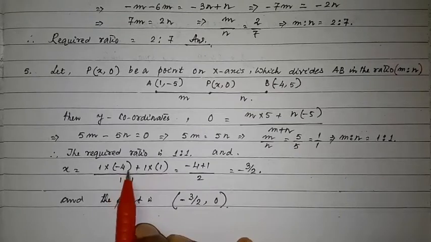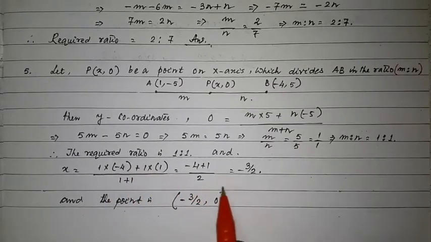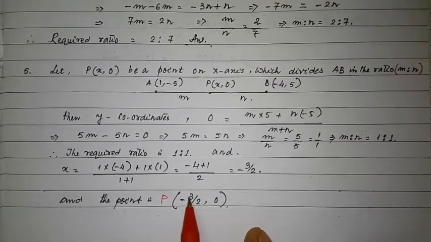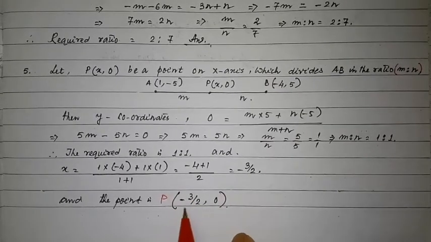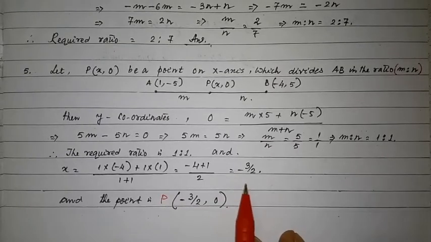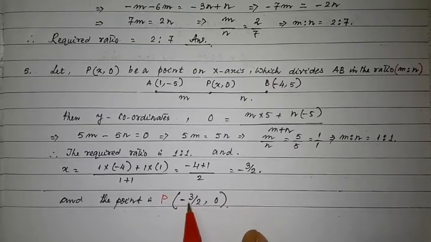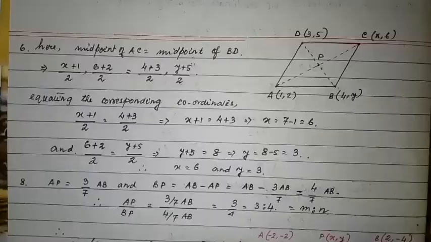So minus 4 plus 1 by 2. Now minus 3 by 2. So what we get? The point on the x-axis, which is P, has coordinates (minus 3 by 2, 0), because (x, 0). So x is equal to minus 3 by 2. That is (minus 3 by 2, 0).